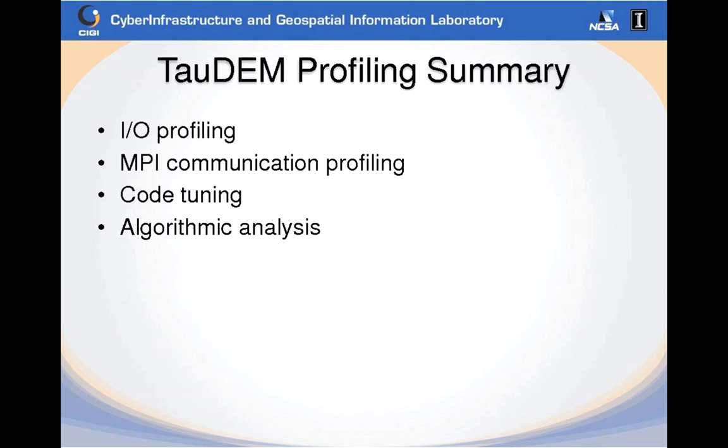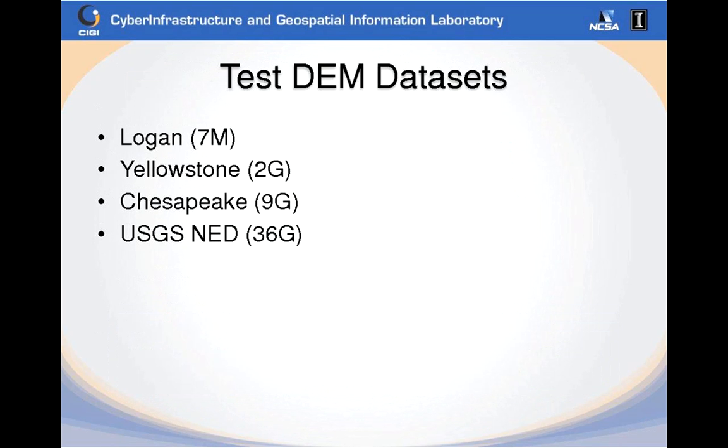Next slide, please. In the whole process, we categorize the profiling work into 4 major parts. We started with I/O profiling because TauDEM is dealing with a large amount of data, more than 100 gigabytes.